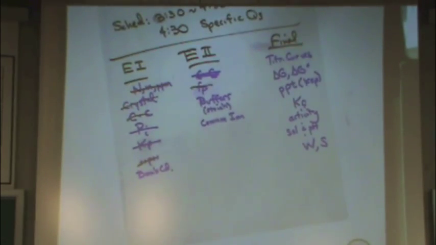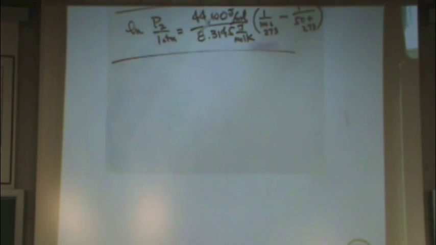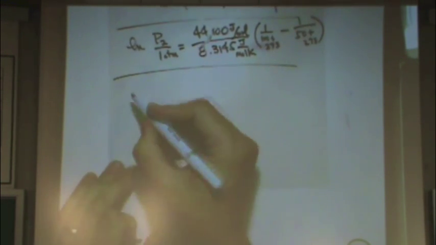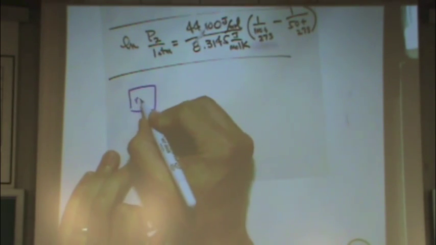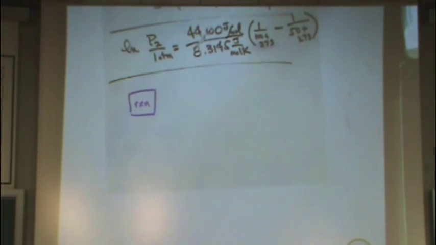All right, next. Let's do the bomb calorimeter. Bomb calorimeter, how does that work? That is when you have a calorimeter that's a closed, isolated system, and there's some sort of reaction happening in there.